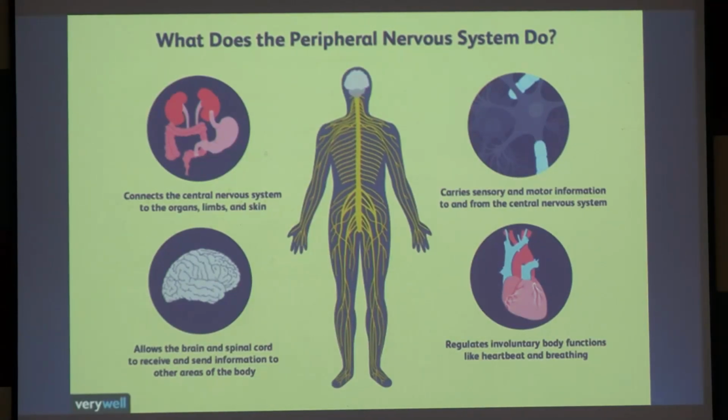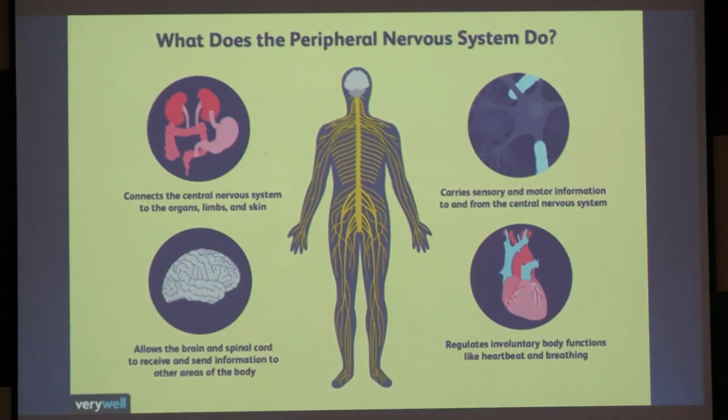Now, one other component, a part of the peripheral nervous system, or according to some authors an independent part of the peripheral nervous system, is the enteric nervous system.